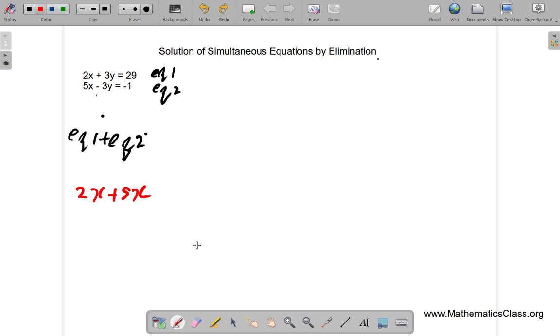Nice. Then let's put the y part in green, plus 3y plus -3y. Nice. Then equals the number part in black, 21 plus -1.